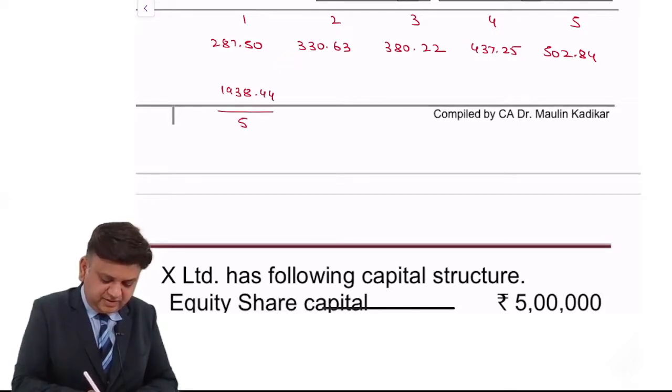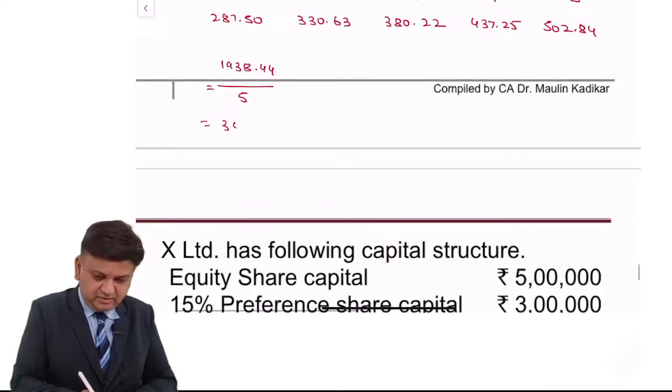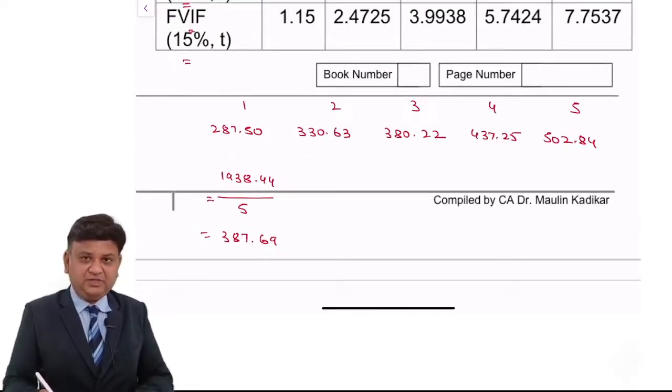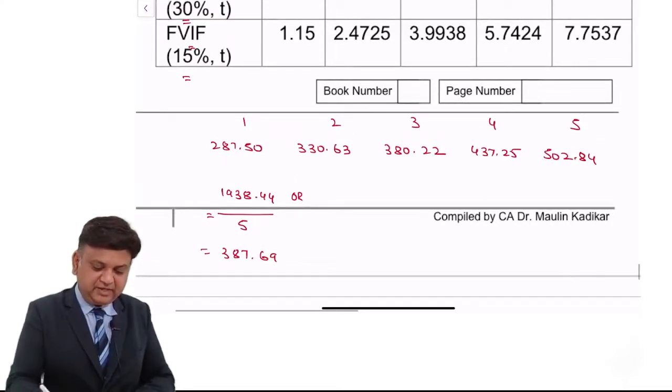The same would be divided by 5 years. So it is 387.69 crore. That is the way we are required to compute the average. Or we understand that, over here, using the ready-made information given to us, you can also do the answer.